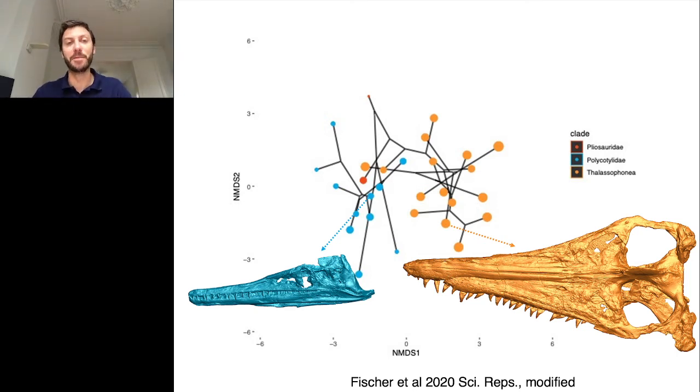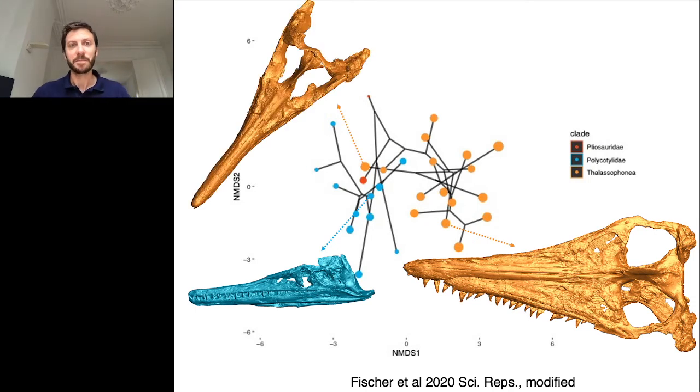Some members of these groups are going to be found in the morphological region of the other. It's especially the case for this pliosaurid, a thalassophonean, which is the dominant clade among pliosaurids, called Luscan, which I described from Russia, and is found well within the region of otherwise polycotylids.